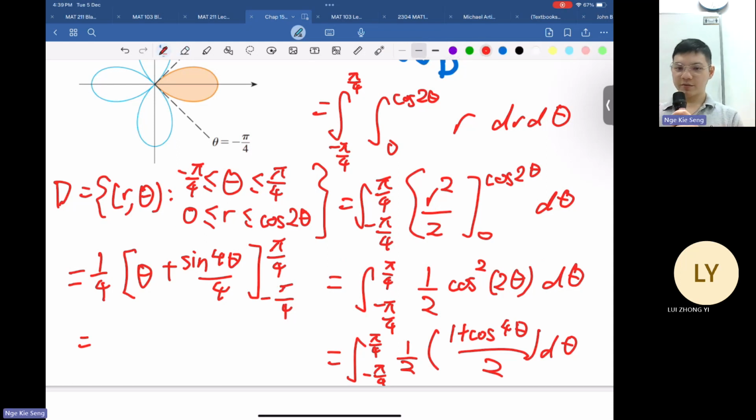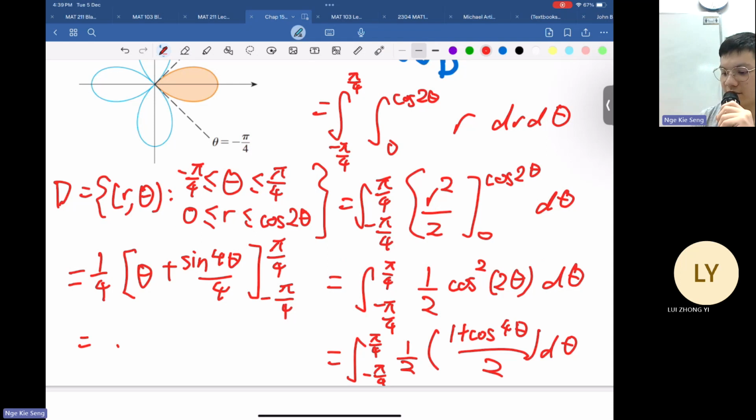Yeah, try and compute. Well, pi over 8, yes.